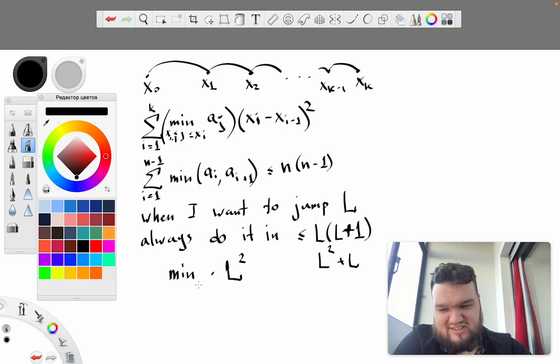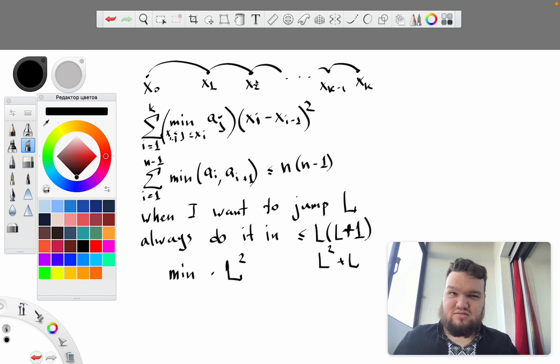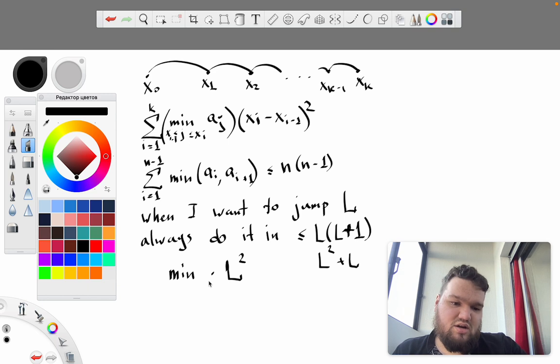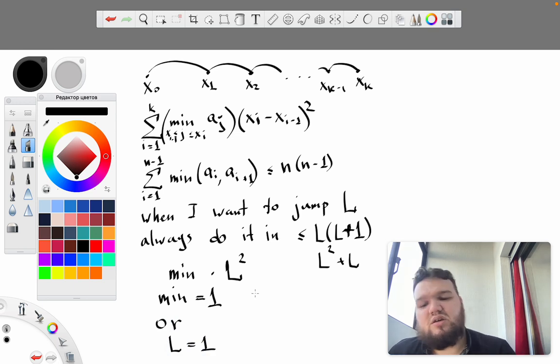So if minimum is at least 2, then this doesn't make any sense. This is cheaper. And if I'm doing some jump, I can replace it by a sequence of smaller jumps. So that means that I'm either jumping when minimum is equal to 1, or I'm only jumping by 1.